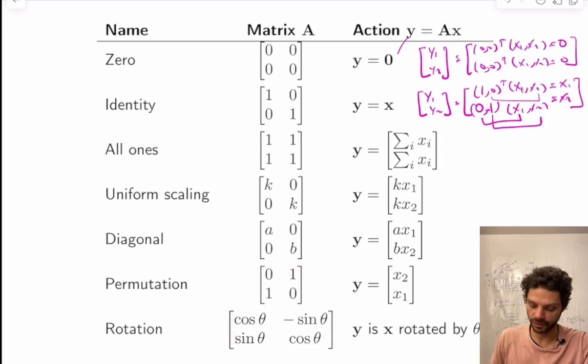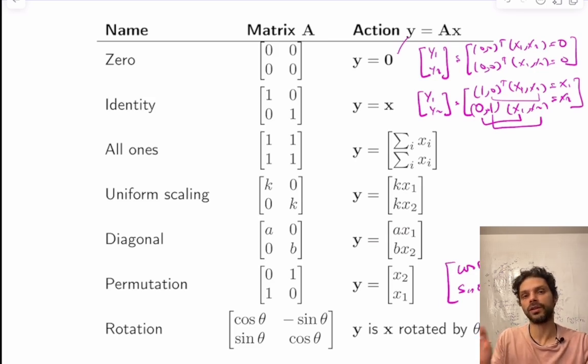One way that's nice to see that is by using the synthesis approach. So let's say we've got cosine theta, sine theta, and now we're going to multiply it by the standard unit vector along the x direction, which has coordinates 1, 0. If we take the synthesis approach, we know the answer is cosine theta, sine theta times 1, plus 0 times the other column.